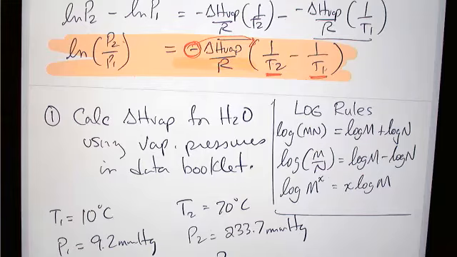If I use millimeters of mercury and you used atmospheres, the ratio is the same. 1 atmosphere divided by 0.5 atmospheres is 2. 760 millimeters of mercury divided by 380 millimeters of mercury is 2. So this is a simpler way to see why the pressure units don't matter as long as they're the same. Okay, thank you.